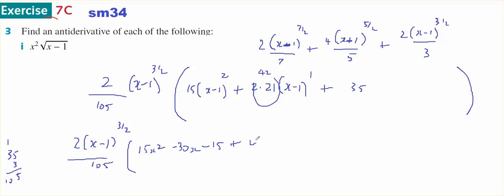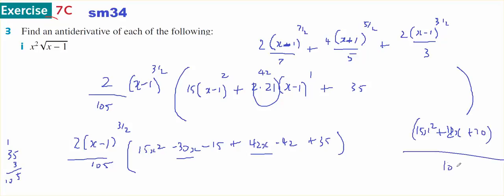So 42x minus 42 plus 35, and so I've got 15x squared, I've got minus 30 plus 42 is plus 12x, and I've got 35 minus 15 plus 20. It's all over 105, and it's multiplied by 2(x minus 1) to the 3 on 2. That's what it looks like factorised.